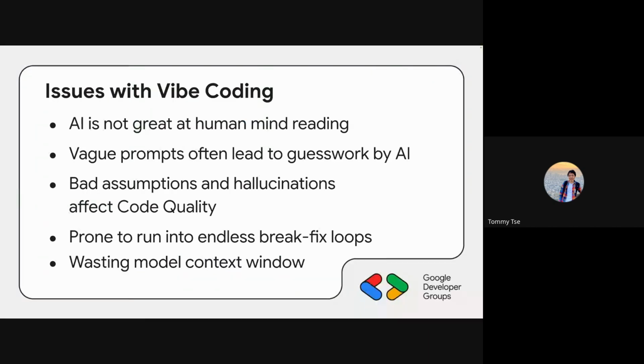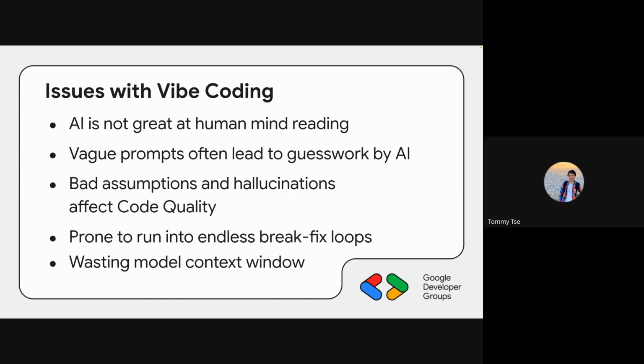So what are the issues that we're getting with vibe coding? AI is not human, as in it's not good at mind reading. And often, we the humans are being lazy, as in we don't want to write so many things.